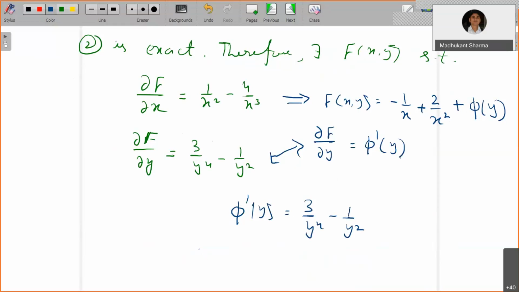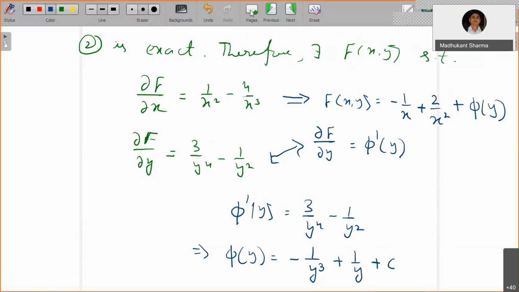So now integrate both sides, so φ(y) is equal to −1/y³. The derivative of this is −3/y⁴, so the −3 is cancelled. So this is going to be plus 1/y plus a constant. So this is φ(y).